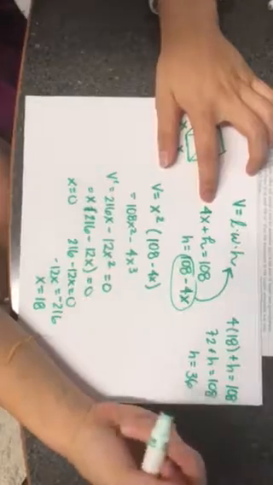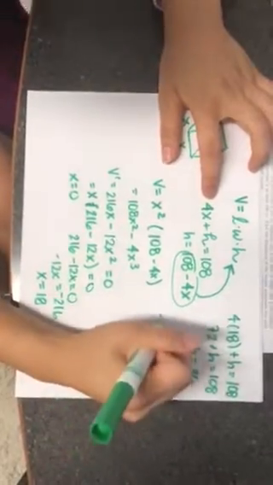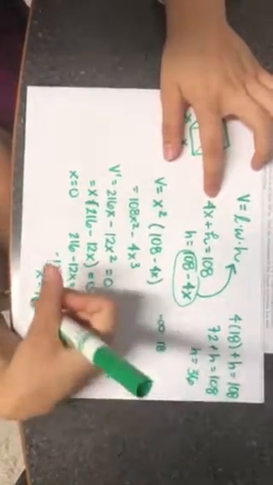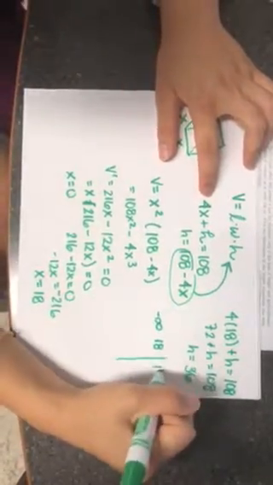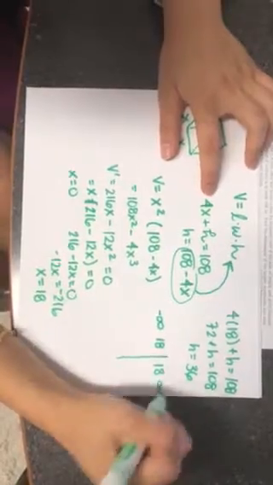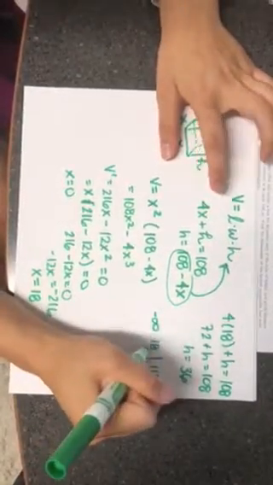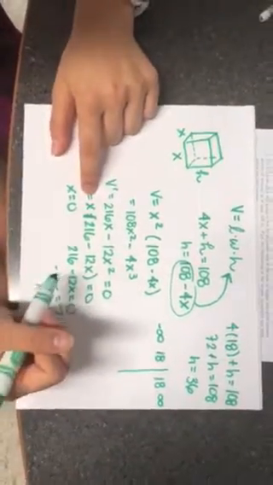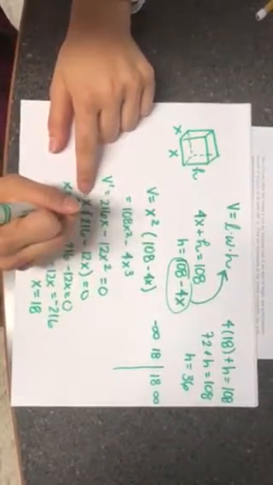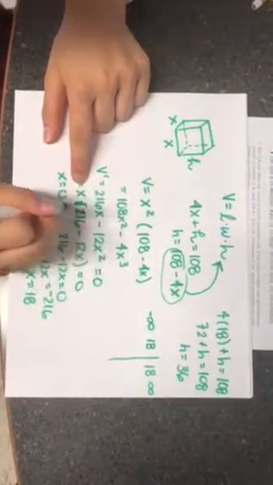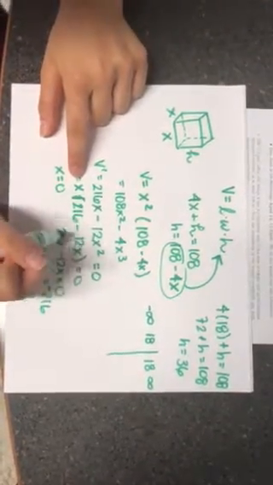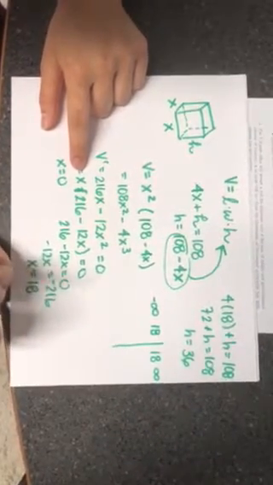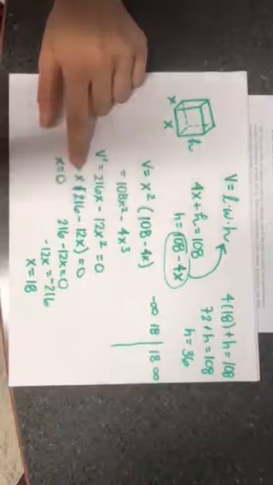And so to check this, you can do a little chart. So you have negative infinity to 18, since 18 is your critical number, and then 18 to infinity. So you pick a number between negative infinity and 18, so we can say 1, and plug it into the first derivative. So 1, which is a positive number, times 216 minus 12, which would end up being 204.